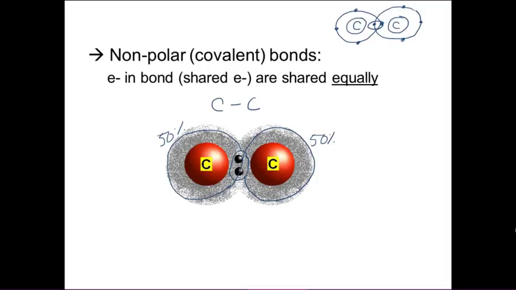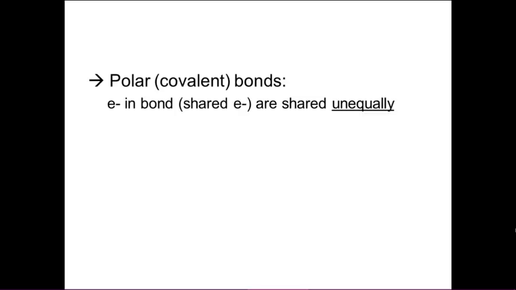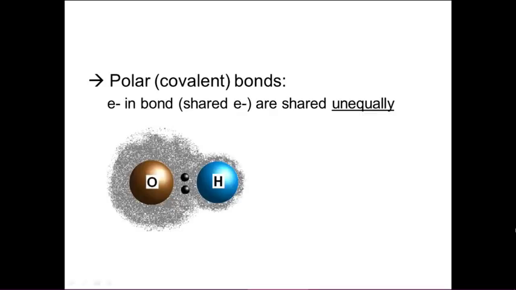In contrast, we have the polar covalent bonds, and this is the opposite. This is when the electrons in the bond, or also you could call them the shared electrons, are shared unequally. Remember, we're talking about electrons that are in the bond, and if they're shared unequally, they're spending unequal amounts of time. Another way to write this would be OH, and then you could also look at the electron shell diagram for this.